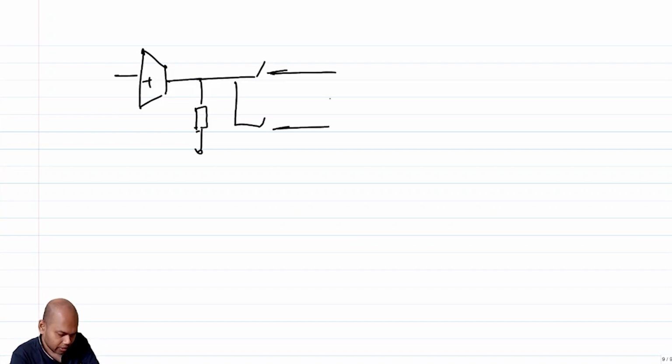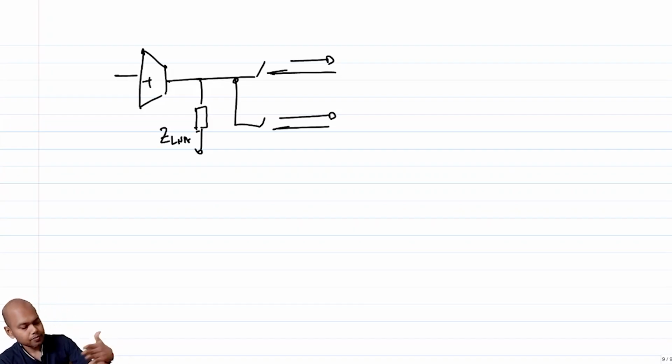So let's say the current goes in, and I assume that the impedance on the baseband side is much lower than the ZLNA. If that is the case, I would want the entire current to flow into a short circuit, right? So ideally a short circuit, but if it flows into a short circuit, then there's no point, I will not get any voltage. But it need not necessarily be an absolute short circuit. It can be a virtual short, right?